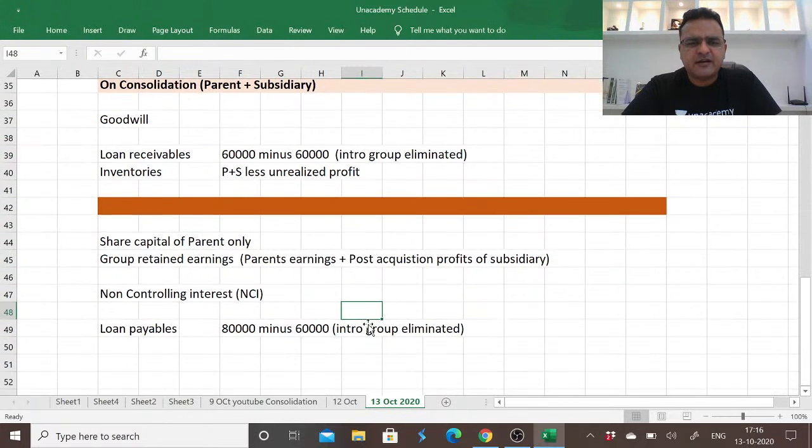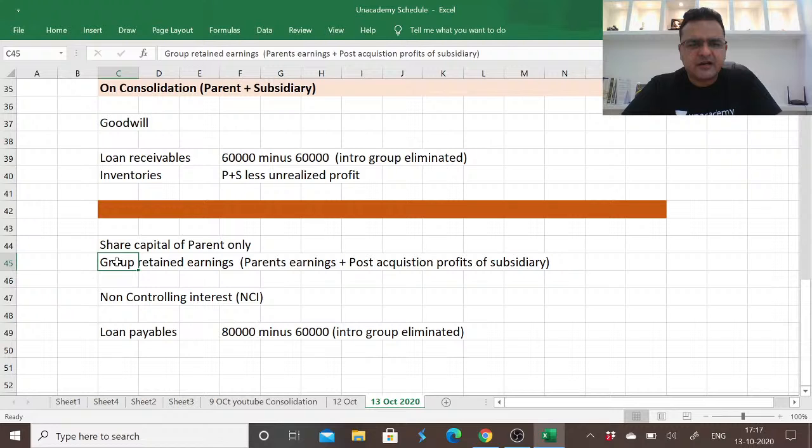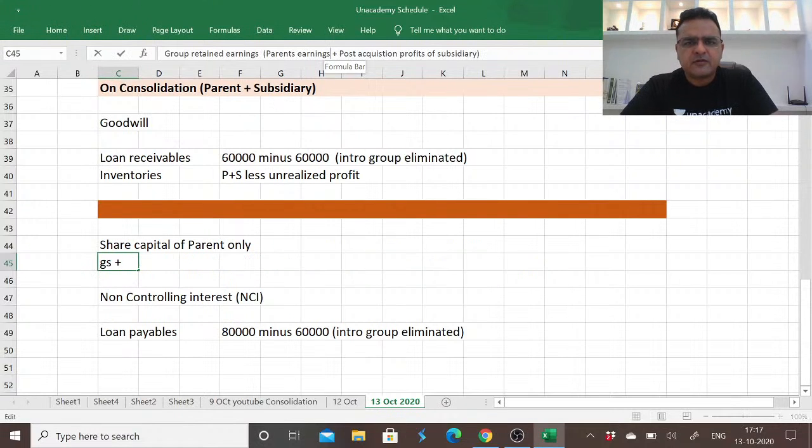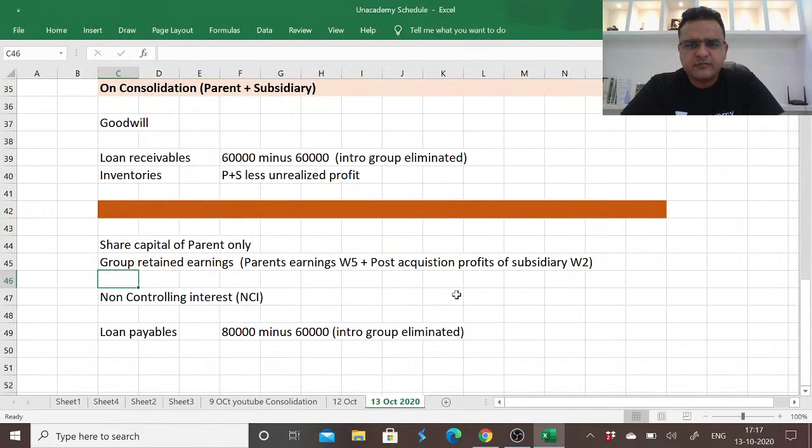On the credit side, either it will be removed directly from parent's earnings. If we remove it from parent's earnings, we have to remove it from working note number 5. And if you have to remove it from post-acquisition profits of subsidiary, we have to remove it from working note number 2. Or we can directly do it on the face of the balance sheet.